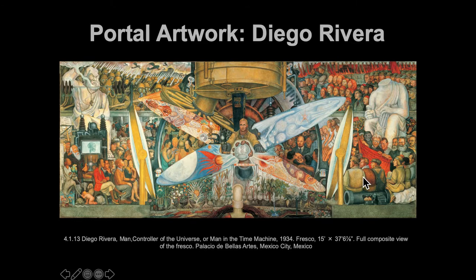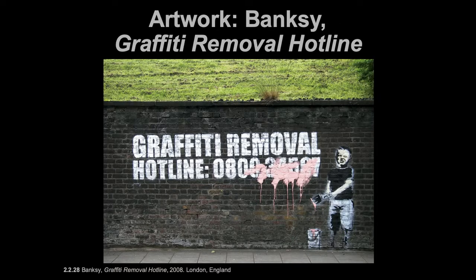Rockefeller got offended because there are some communist figures over here, and it really has to do with the rise of communism, and Rockefeller is a capitalist. He was very offended. So they tore it down and he had to start over, and now this is in Mexico City. So that's one of the reasons that murals are no longer done in fresco in this day and age. Sometimes they are, but it's less frequent.